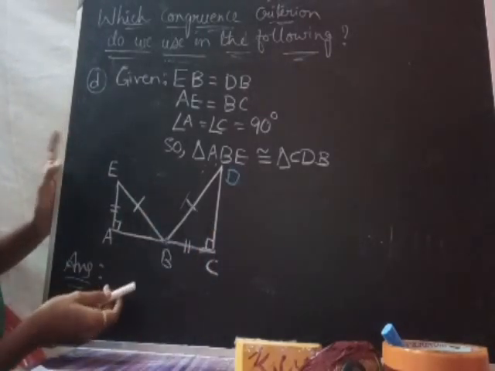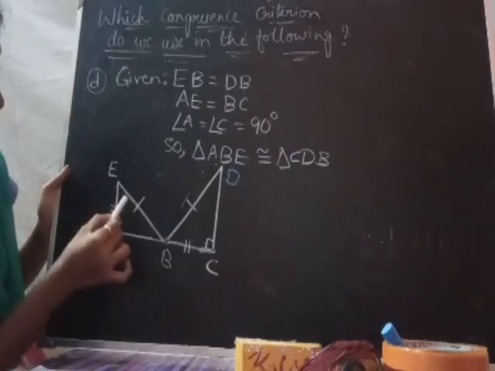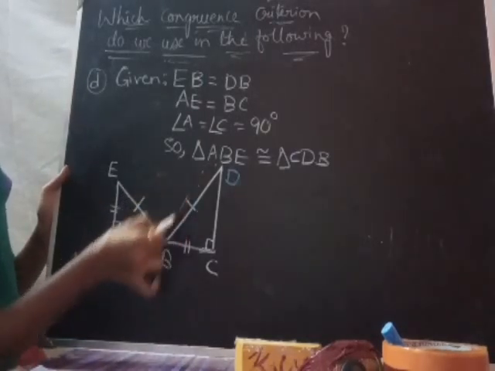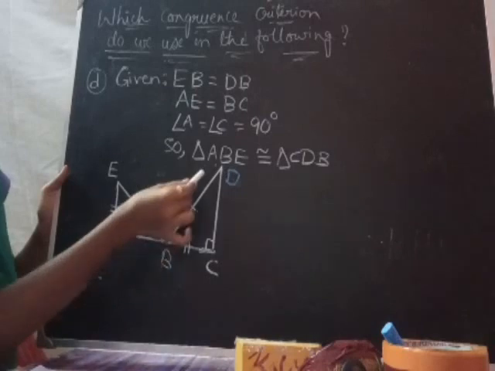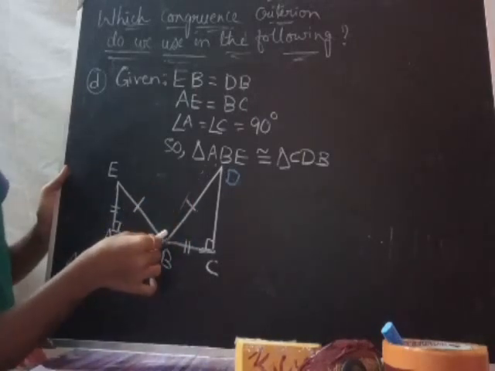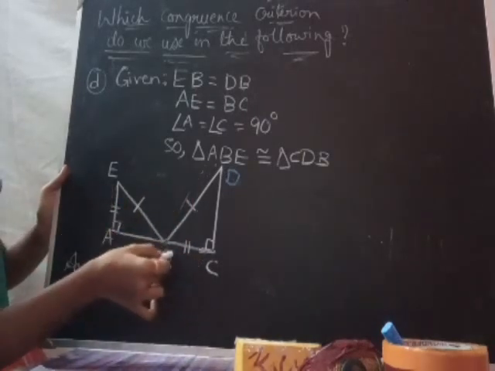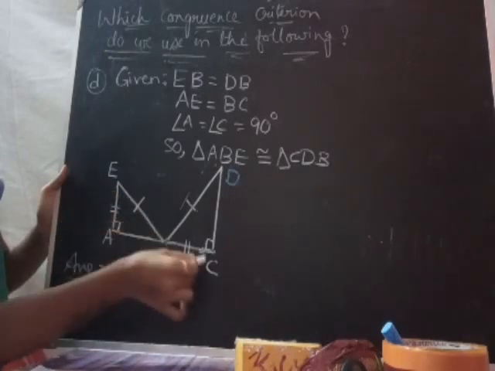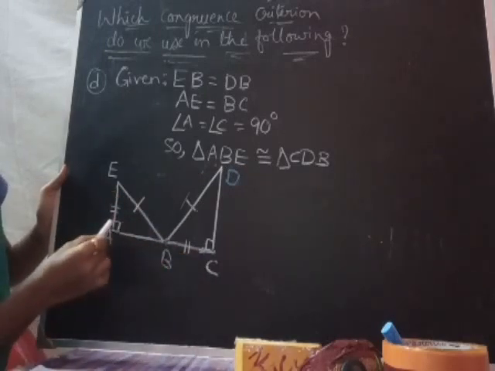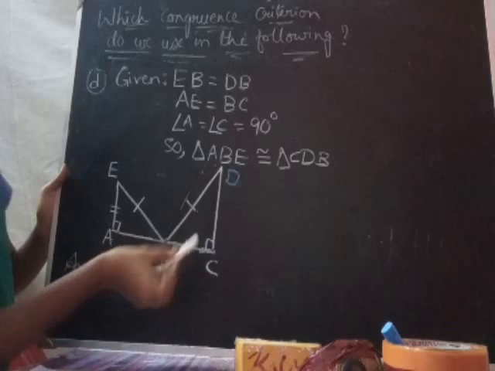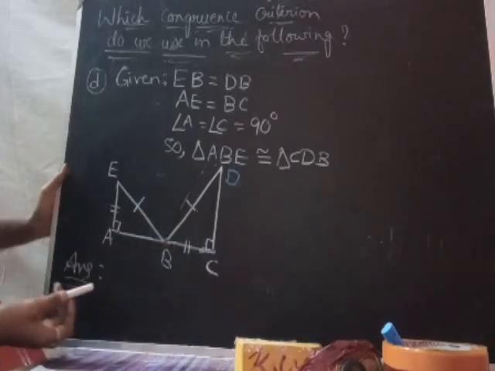They have given the hypotenuse equal and one side equal, and also the right angles.